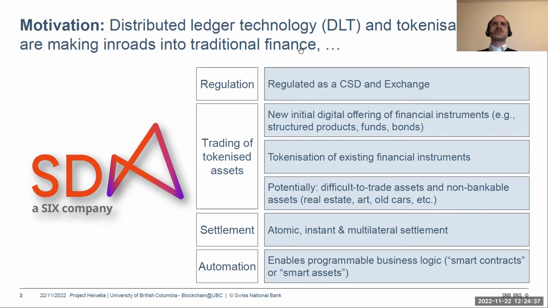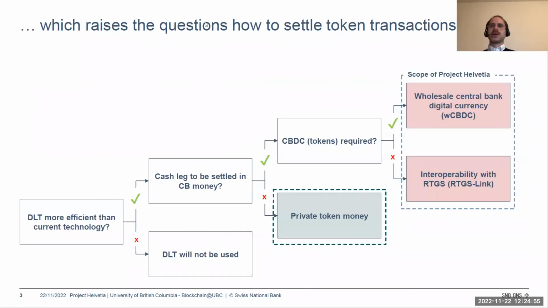SDX claims that this new technology enables programmable business logic like smart contracts, and with that provides an efficiency gain. As such, we as a central bank had certain questions.